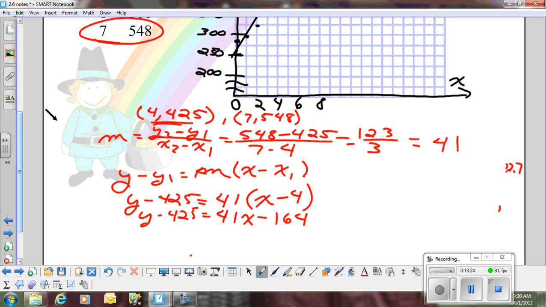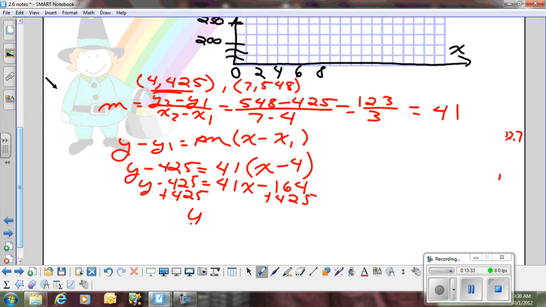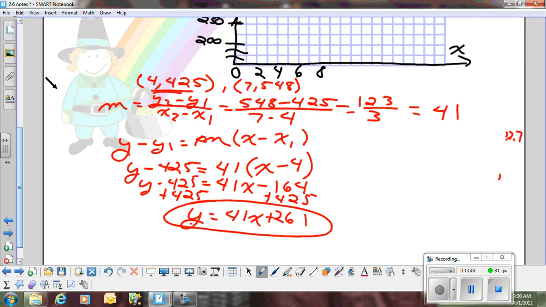Add 425 to both sides, and I get y equals 41x plus 261. Okay, there is the equation of my line.